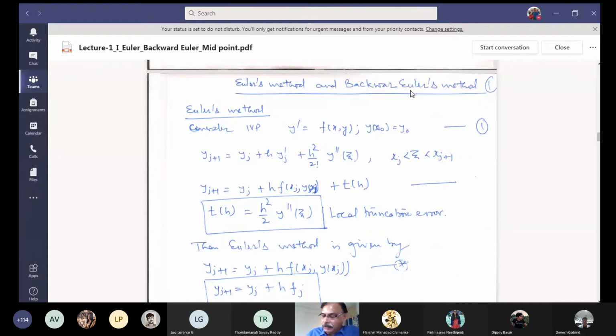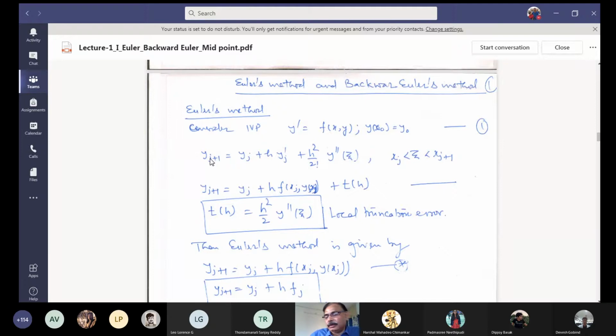Now I will use one notation here. Otherwise, every time we have to write this y of x_j plus h and so on and so forth. I will use y_{j+1}. You see, after equation 1, it is written on the left hand side y_{j+1}. Is that clear?